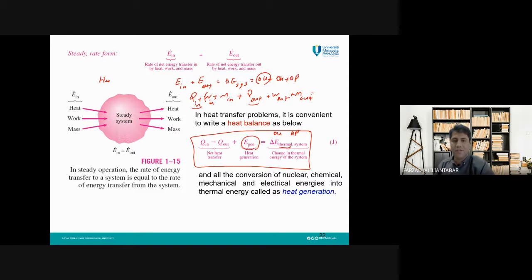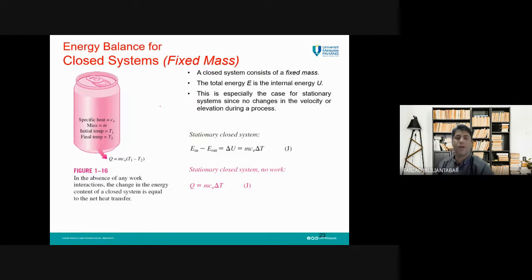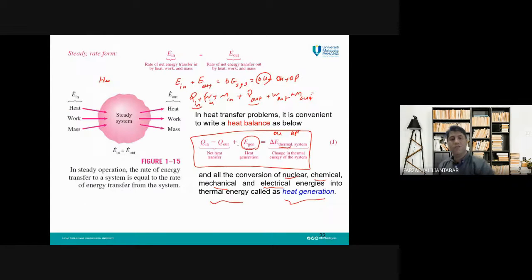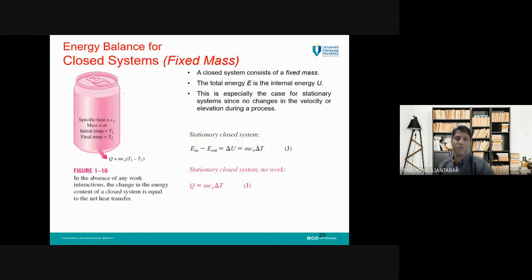All of this generated heat can be due to nuclear, chemical, mechanical, or electrical energy conversion to thermal energy. This is called heat generation, and we need to include it in our equation. So this equation is the basic equation for the heat balance to study our system. Now let's write this equation for different types of systems. First, we can write the energy balance.